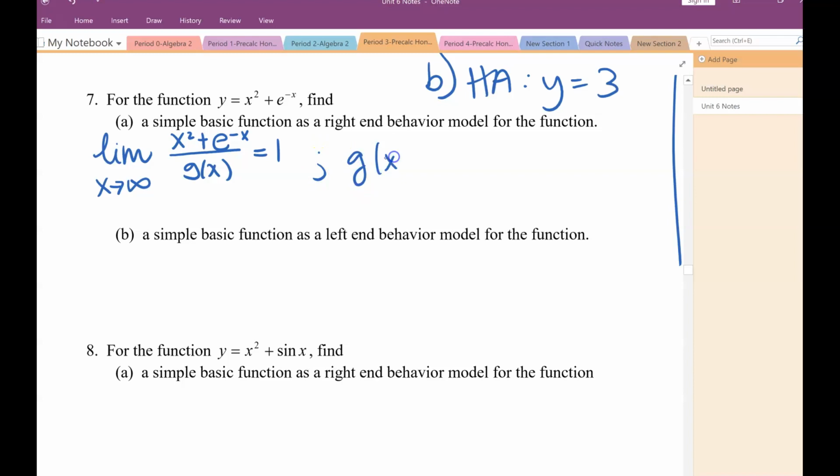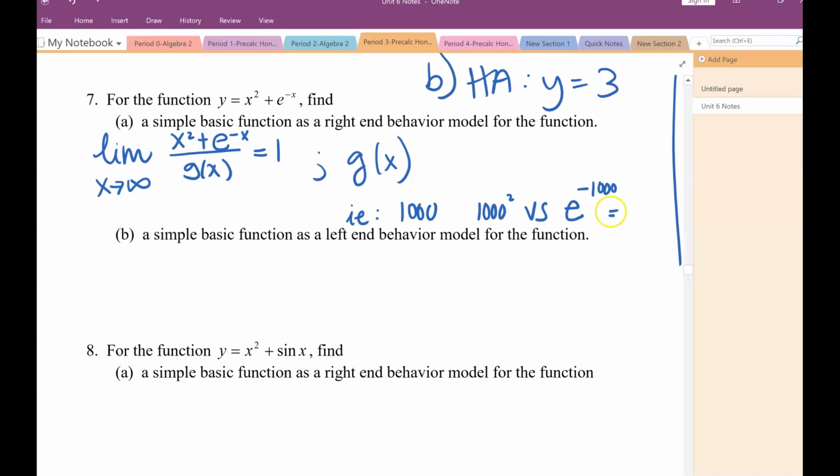So, what would g of x be? X squared. How do you know? Because x squared is the dominant term. Do you guys agree with Michael? That's okay to disagree. Let's pick, i.e., my infinity number is 1,000. Would that be okay? When I plug in 1,000 squared versus e to the negative 1,000, which one is going to be more dominant? 1,000 squared.